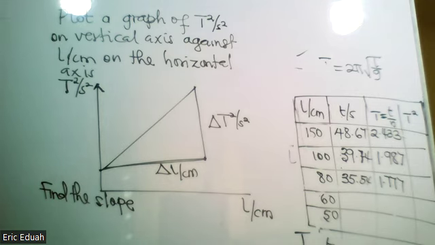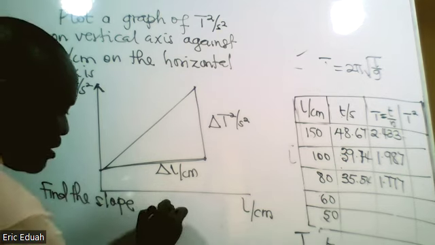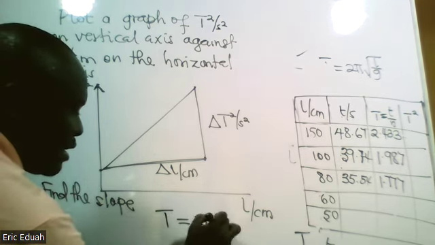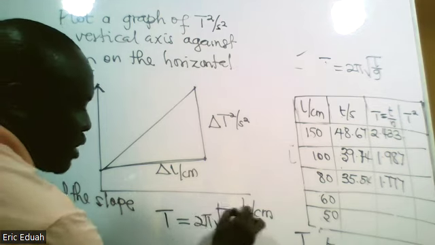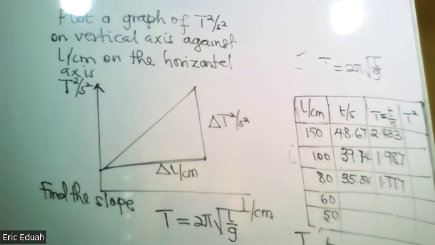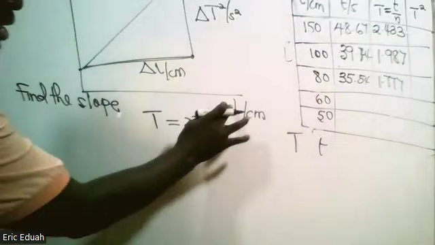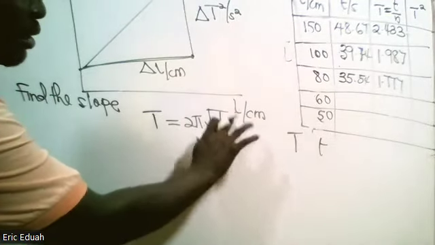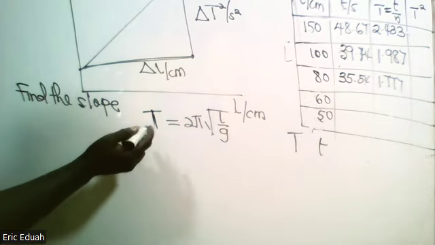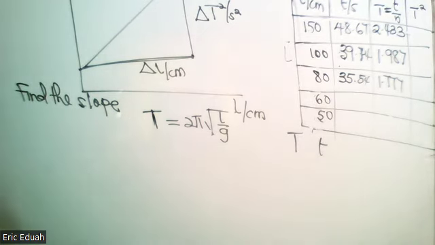Now, from the formula, T is equal to 2 pi times the square root of L over g. I want to manipulate this and have T squared over L somewhere.